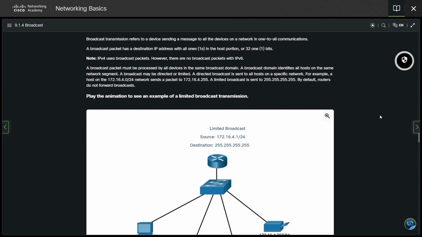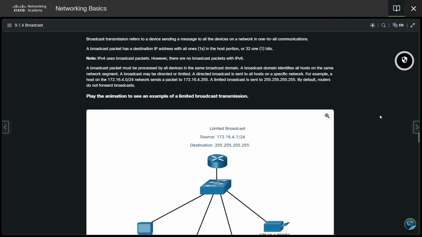A broadcast packet must be processed by all devices in the same broadcast domain. A broadcast domain identifies all hosts on the same network segment. A broadcast might be directed or limited. A directed broadcast is sent to all hosts on a specific network.